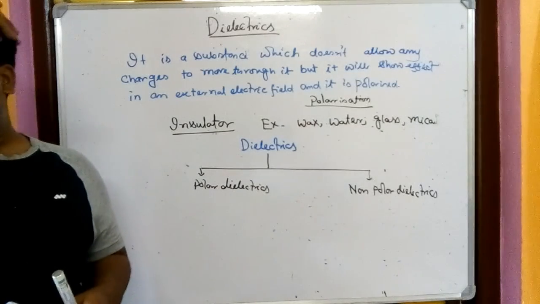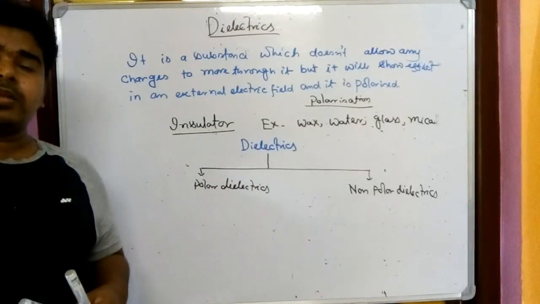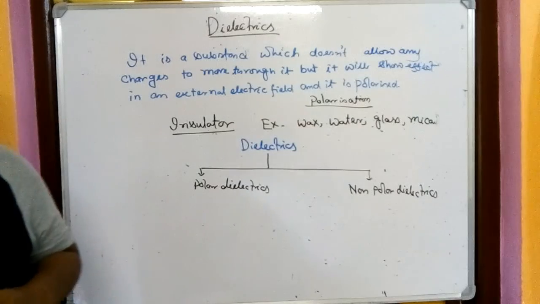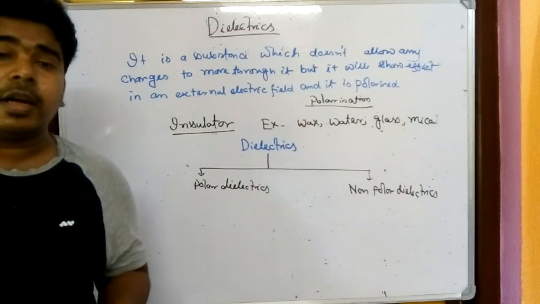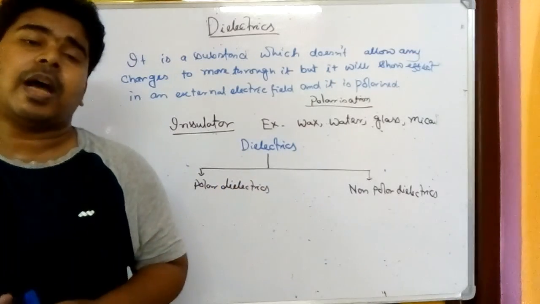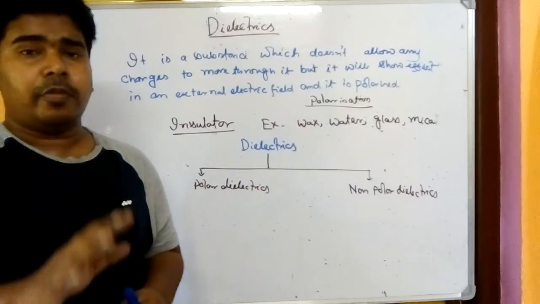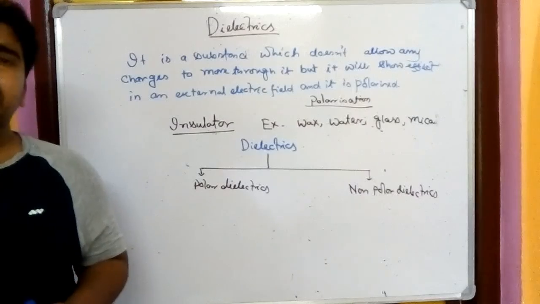Before learning about polar and non-polar, let me take you back to class 5, 6 or 7. In these classes, we learned that all substances are made of molecules. If I am not wrong, you learned it in class 6.